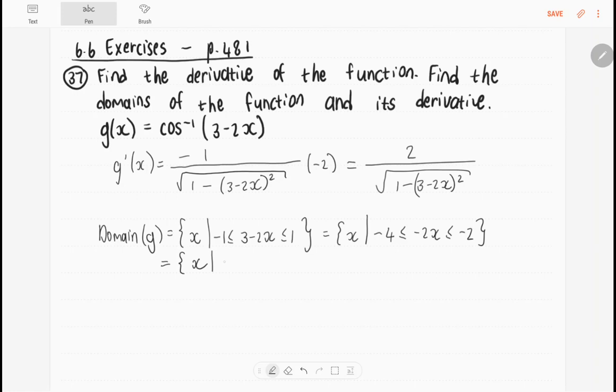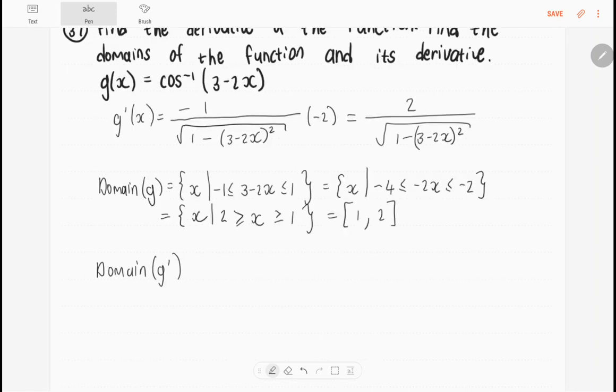So we're going to have 2 greater than x, sorry, greater than or equal to 1. So we can write that as the values going from 1 up to 2, and it's the closed interval.